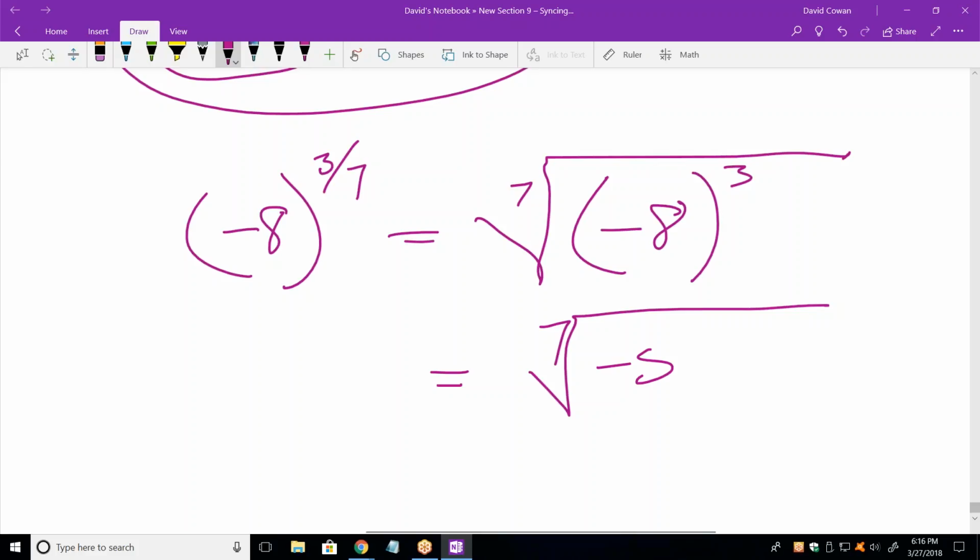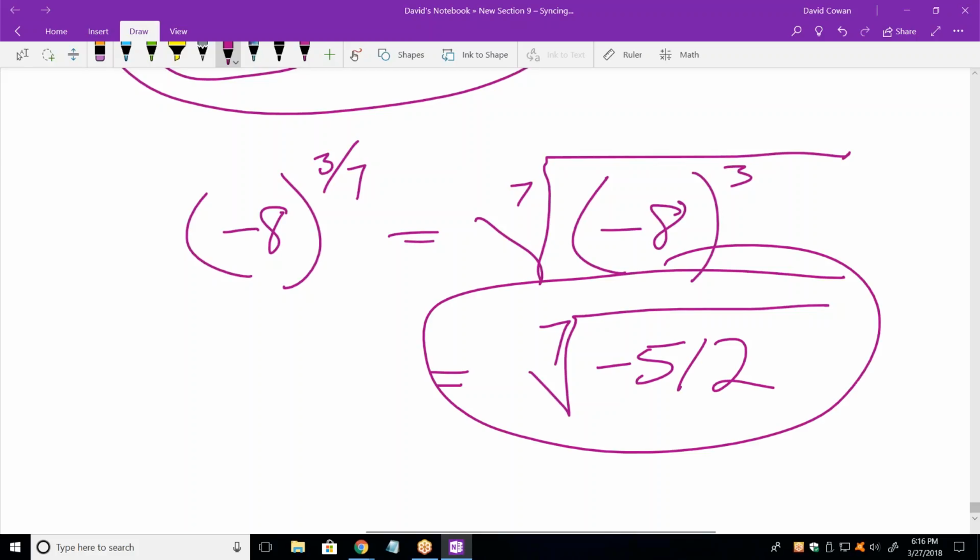So they might want this as the answer: the 7th root of -512. I don't know if that's a whole number or not. Might be. Take -512 in parentheses and take it to the 1/7 power. What do you get? Should be a negative number.